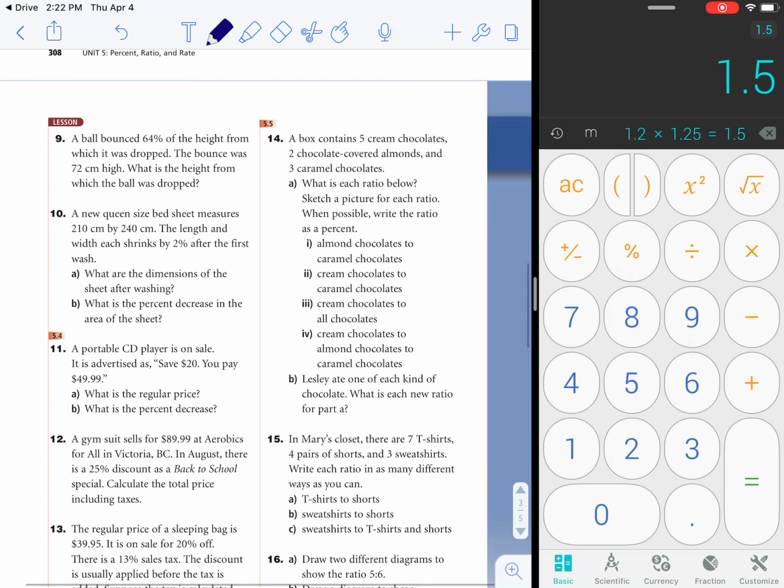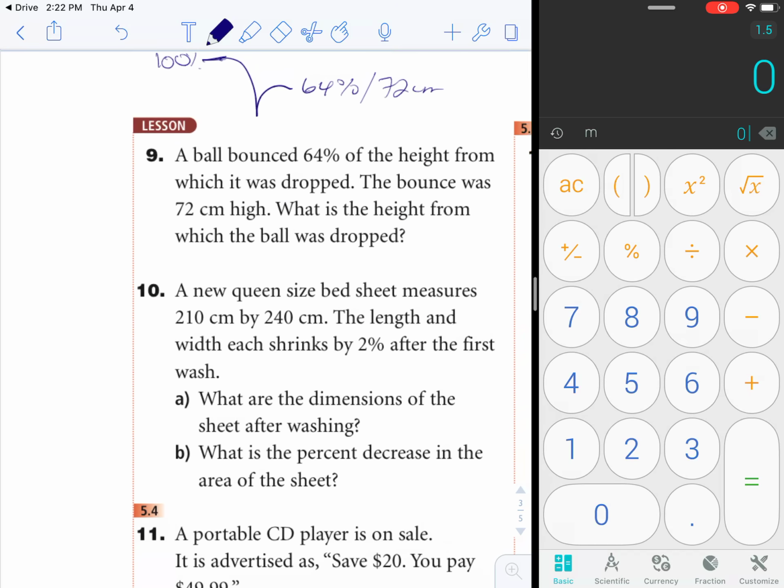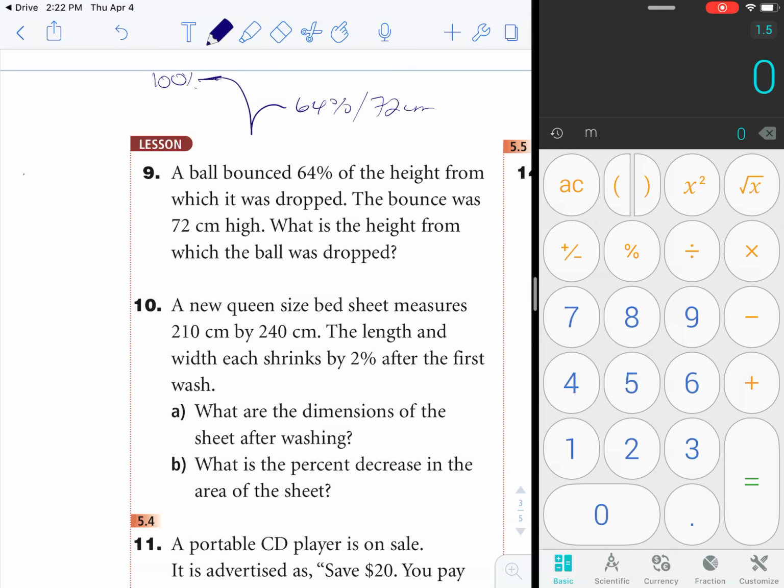So let's finish. I'll do 9 and 10 on this video. A ball bounced 64% from a height at which it was dropped. So if it was dropped here, it bounces up to 64% as high. So what would be its starting percentage? 100%. At 64%, it was 72 centimeters. So this one I would set up as a proportion statement. So 64% is equal to 72 centimeters.